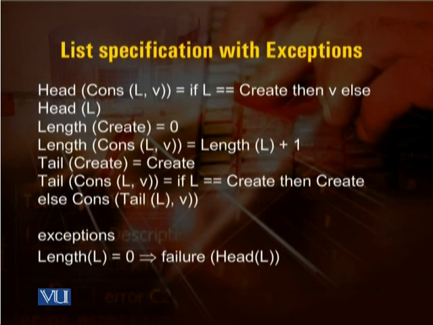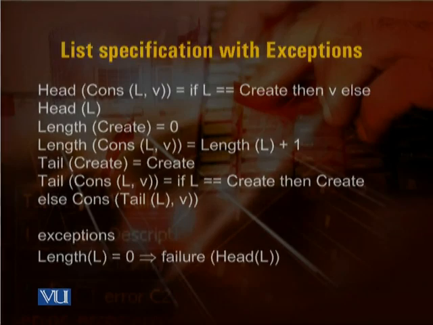So in this particular case, I write the rest of the axioms just like I had written in my list specification. And then I have this last section for exceptions. And here I say length L is equal to 0 results in failure of head of L. That is, if I try to take the head of an empty list where the length of L is 0, it would result in failure, and that is my exception.